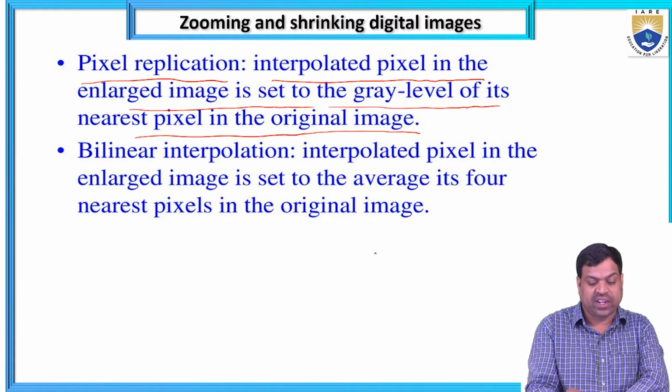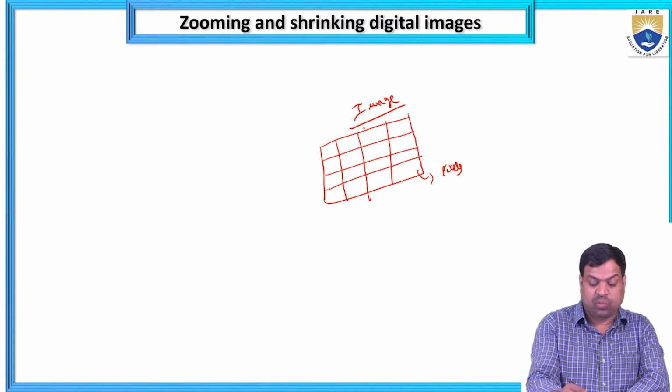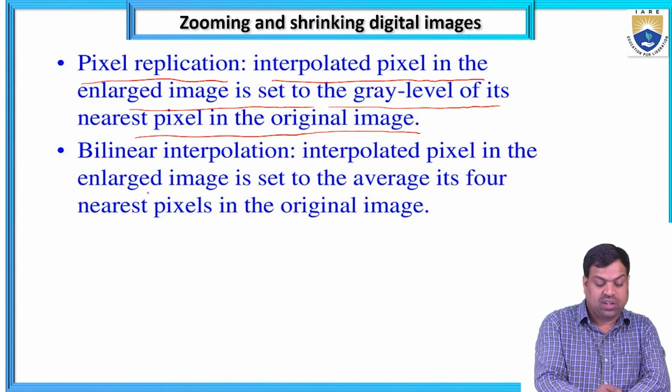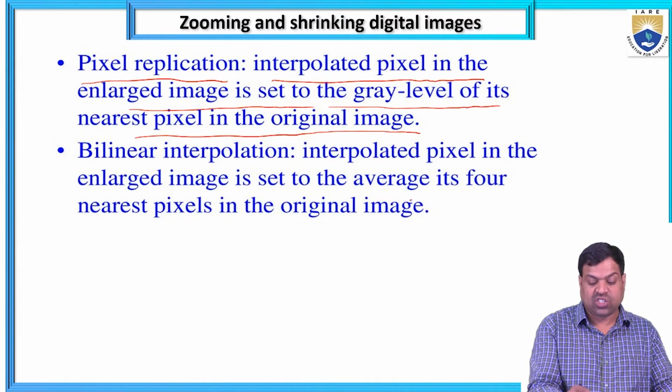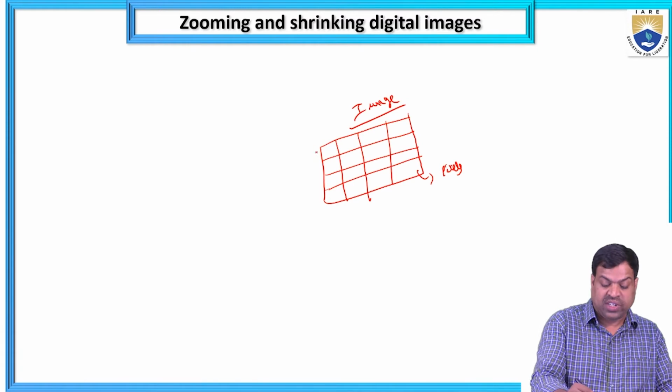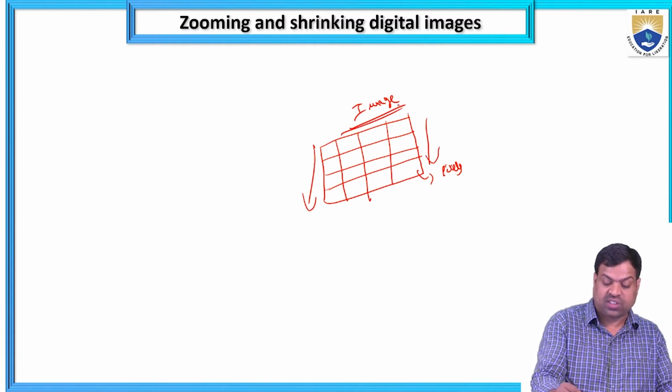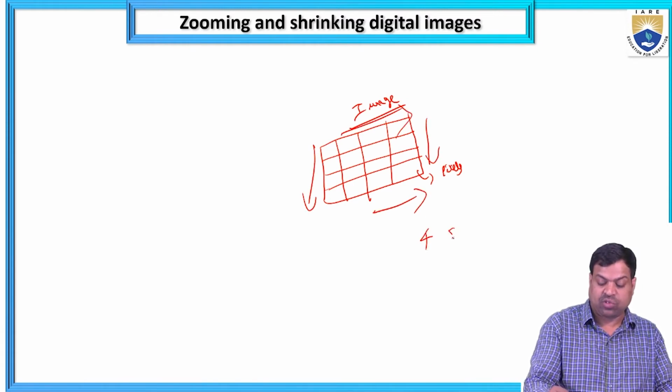Next, bilinear interpolation. Here, in bilinear interpolation, the interpolated pixel in the enlarged image is set to the average of its 4 nearest pixels in the original image. So there is one side, another side, another side, another side. How many are there? 4 sides.